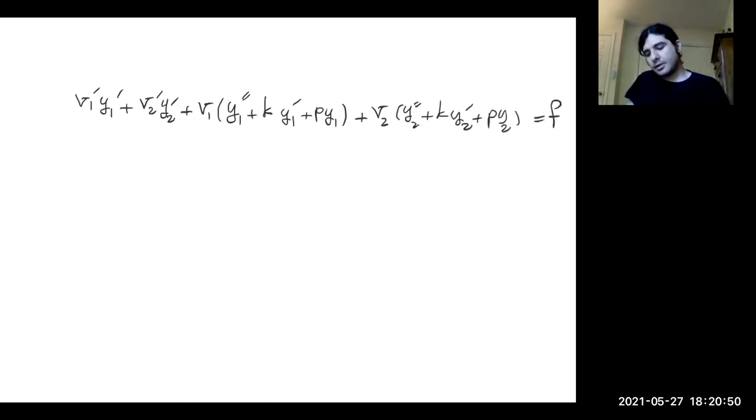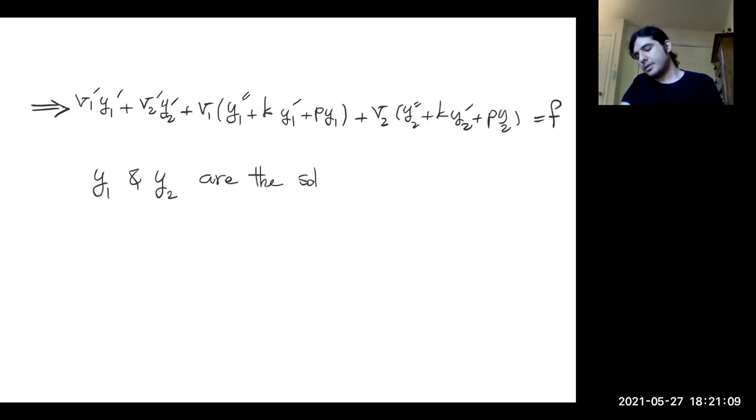This is the result of just plugging y prime, the second derivative of y, and y itself into the original equation. Now remember, we were assuming y1 and y2 are the solutions to the homogeneous part.